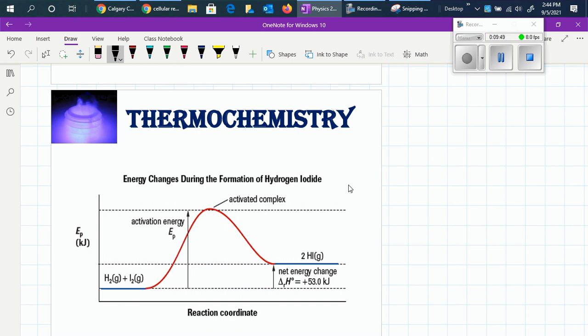But now, when we are expressing it in terms of the activation energy, then we will have a spike. And if a catalyst is participating in the reaction, then the spike will not be as high as without a catalyst. Well, that's it for thermochemistry.